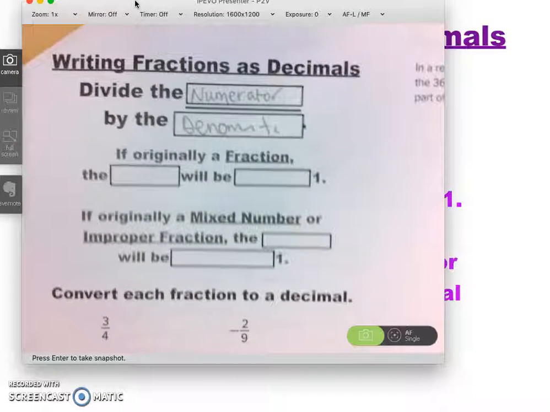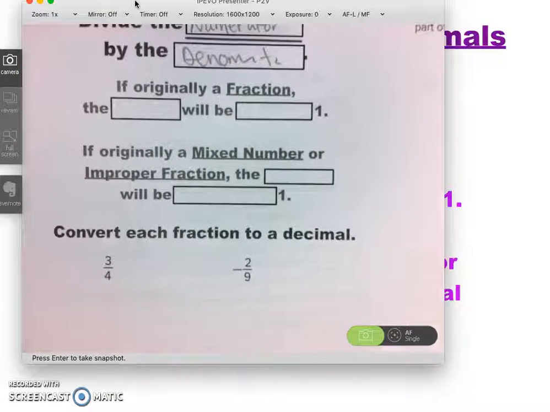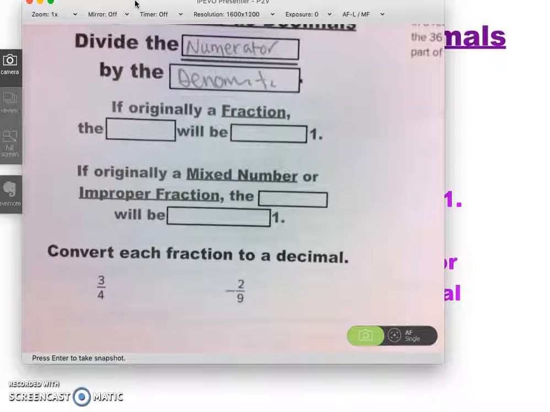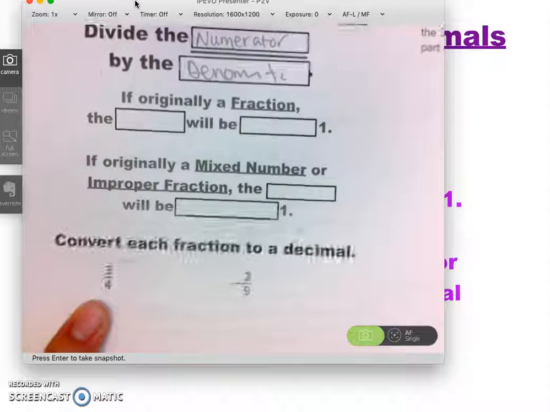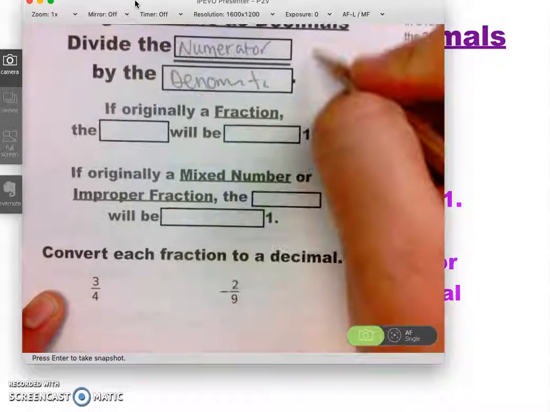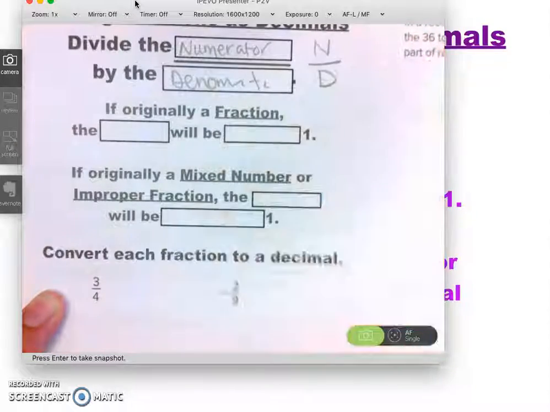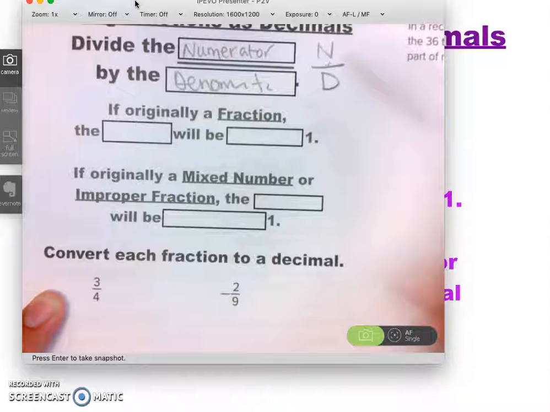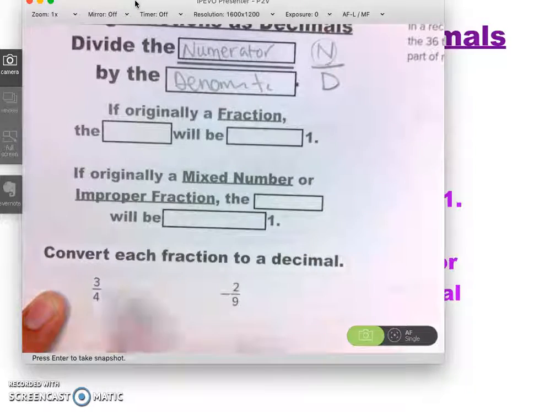Okay, so first, there are a few different ways that you can convert them. You can divide the numerator by the denominator. Thinking of North Dakota, the numerator is on top, so the top number is going to be divided by the bottom number.